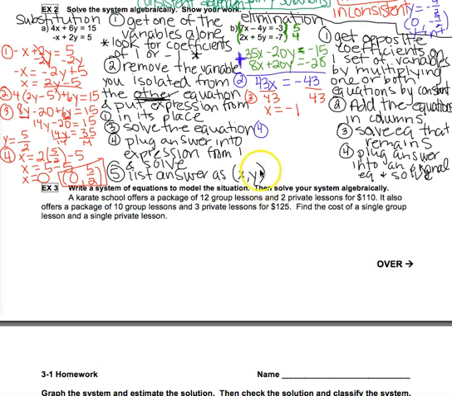Doesn't matter which one you use. I'm just going to use this one because 2 is smaller than 7, but it doesn't really matter. So 2 times negative 1 plus 5y equals negative 7. So that gives me negative 2 plus 5y equals negative 7. Add 2, so I get 5y equals negative 5. And then I'm going to divide by 5, and I get y equals negative 1.